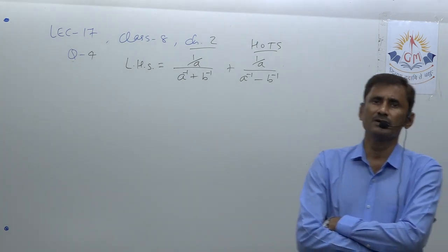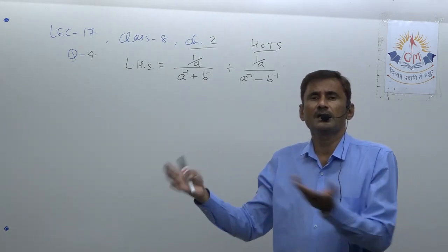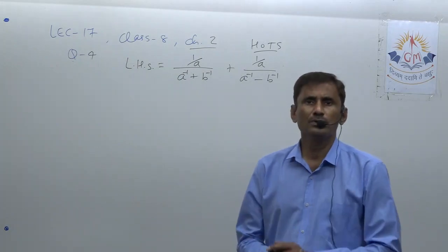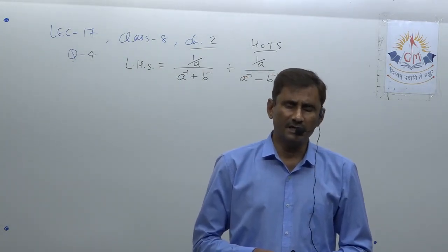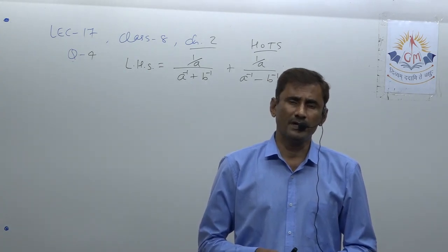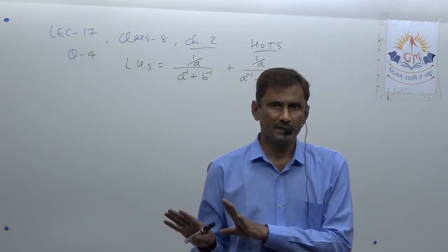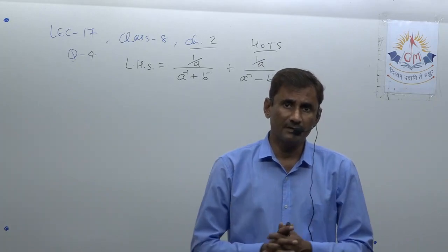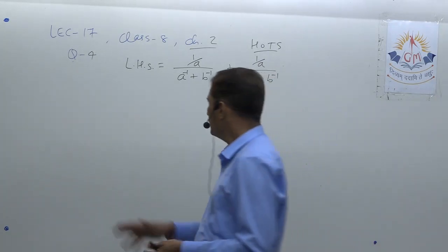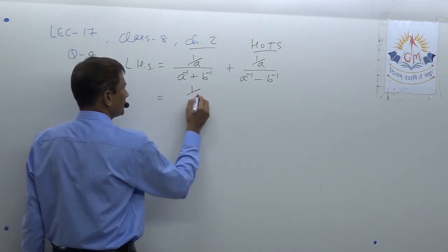Sometimes we do not convert negative to positive, when all bases are equal and inverting would make the bases unequal. At that time we keep the negative exponent only, but that is only in comparison, if all bases are equal. Now you just simplify.